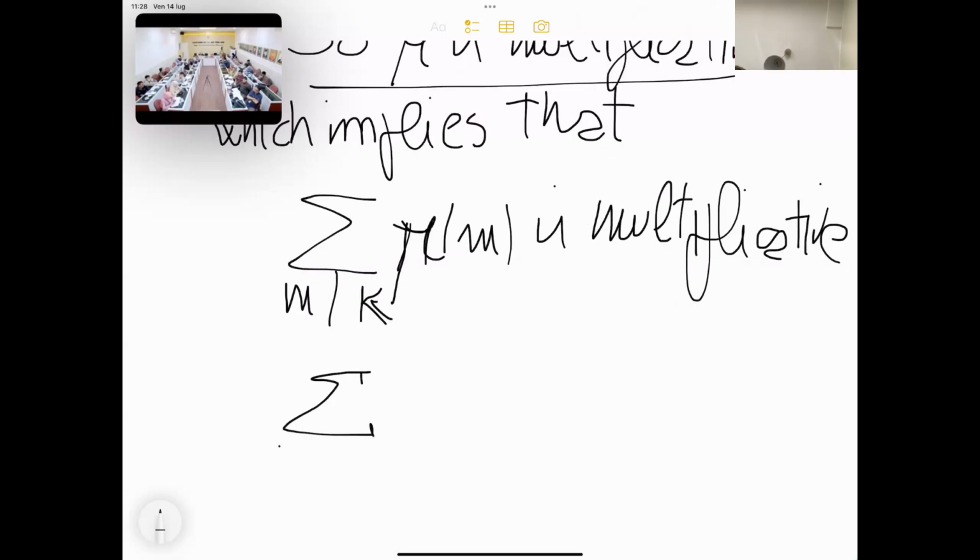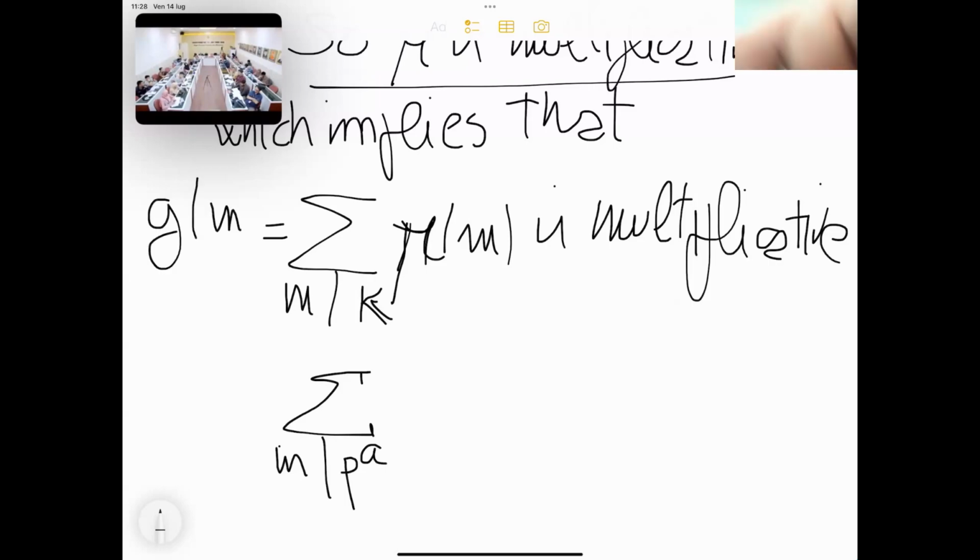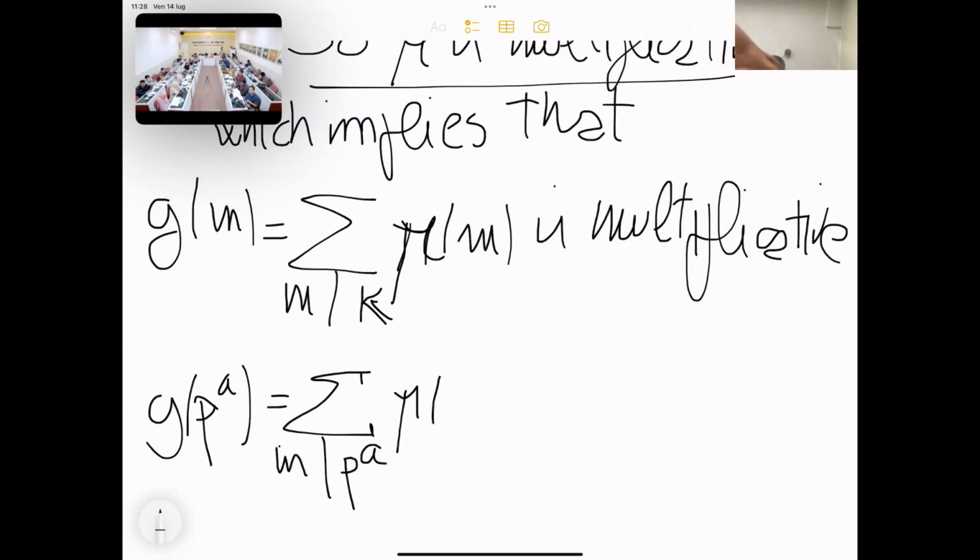Now, the sum over m dividing a prime power, so if we call this g, then g of p to the a is the sum for m dividing p to the a of mu of m.